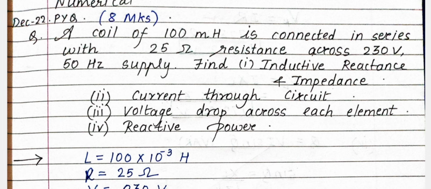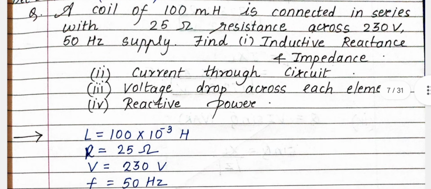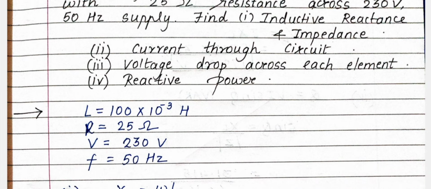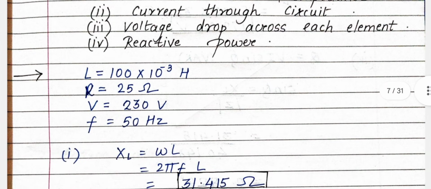It is connected in series with a 25 ohm resistance, and the voltage is 230 volt, 50 hertz supply. Here frequency is given. What we have to find: inductive reactance and impedance, then current through the circuit, voltage drop across each element, and reactive power.